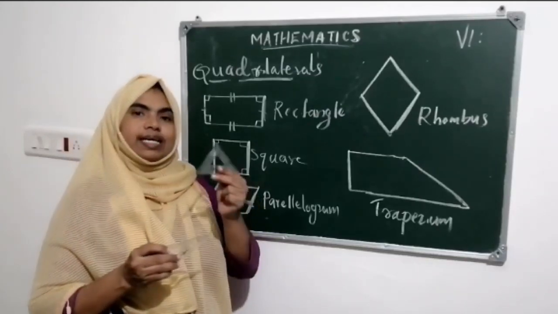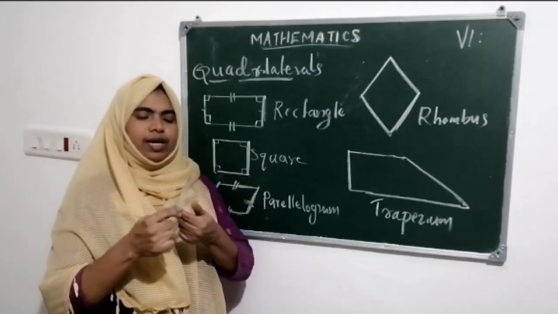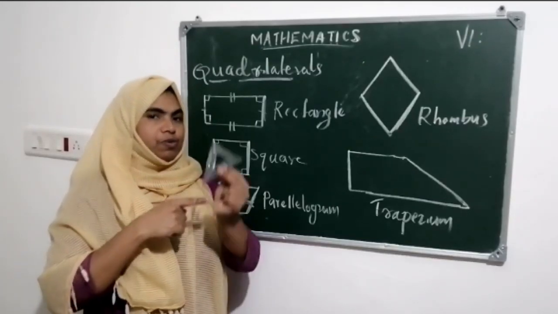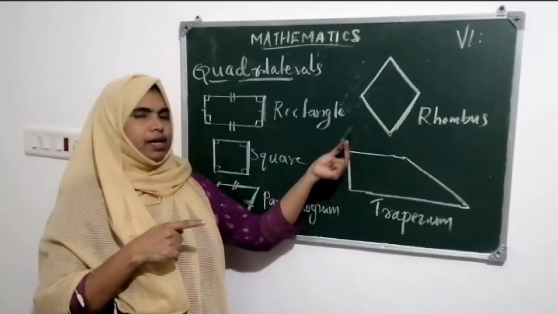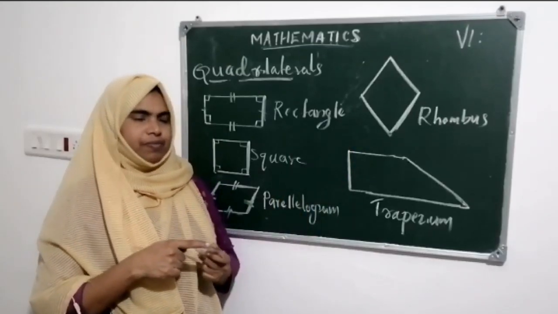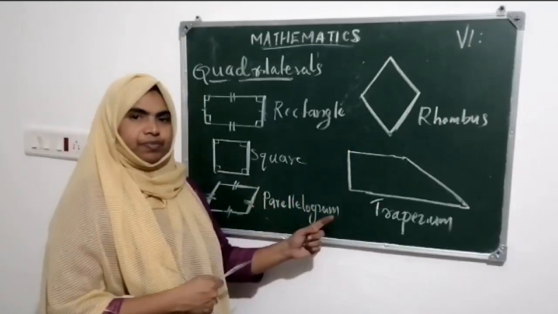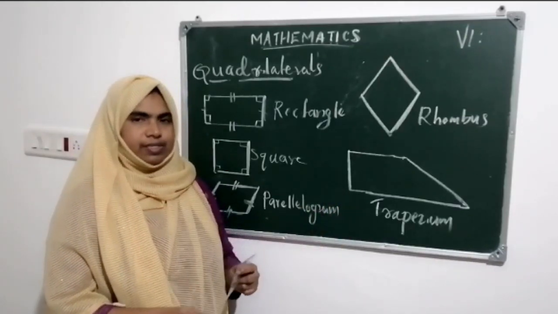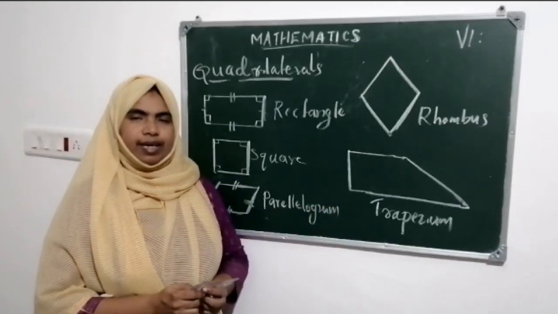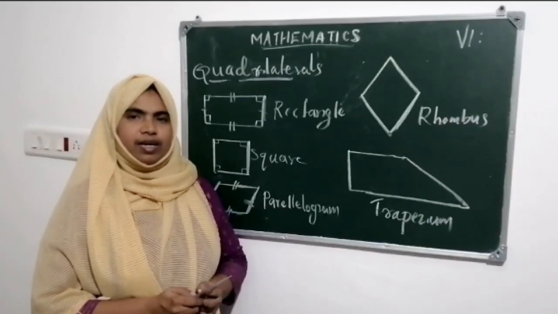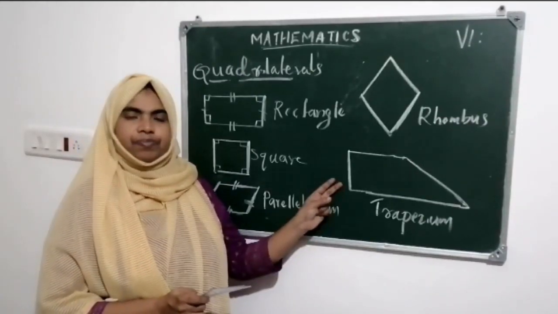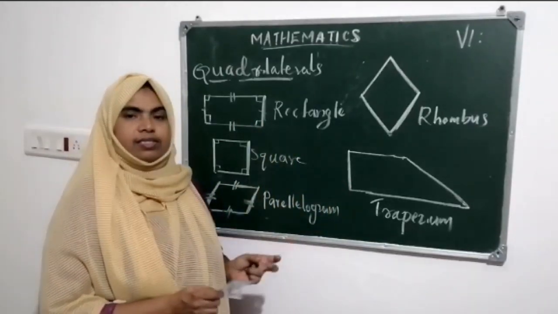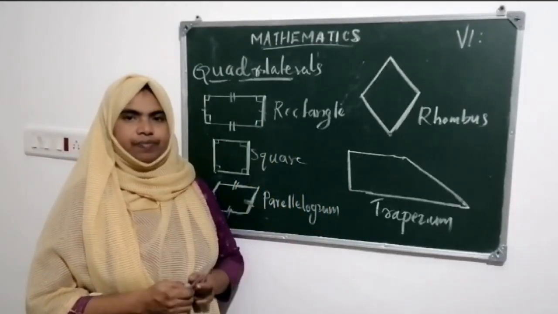Using four set squares, the 90, 45, 45 ones. Using these four you can draw a rhombus. A trapezium you can draw using three set squares. In the textbook, page number 106, you can see how to draw these quadrilaterals using set squares.